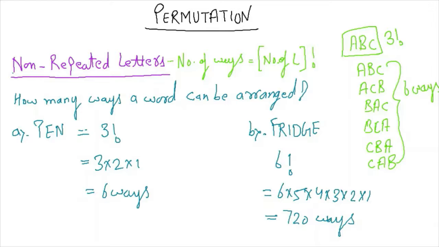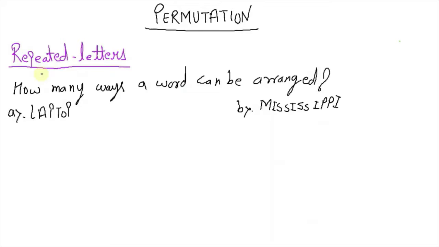Now let's discuss another type, that is repeated letters. Let's deal with the repeated letters, and the question is how many ways a word can be arranged. First is laptop. In laptop there are 6 letters. It means that 6 factorial. As we can see that in laptop, P is repeated twice, so we will divide it by 2 factorial.